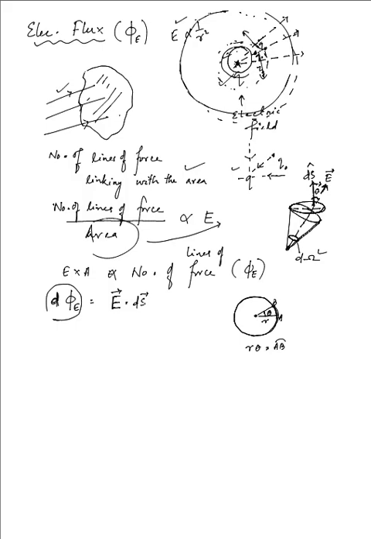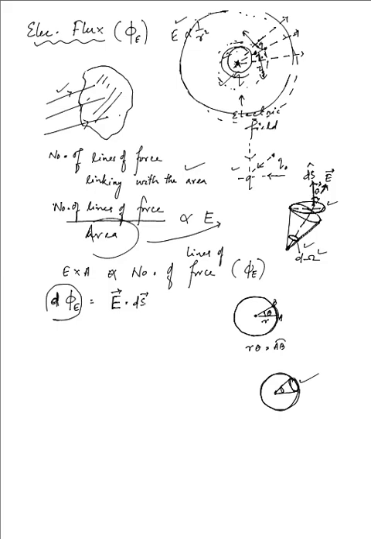This entire thing has been discussed in the electrostatics portion that I have uploaded in my video segment. I'm just discussing it in a quicker way for you to get the essence of it. And in case this is a sphere, instead of that arc length, you will have a surface area, just like this one, and that will subtend what we call a solid angle, just like over here.